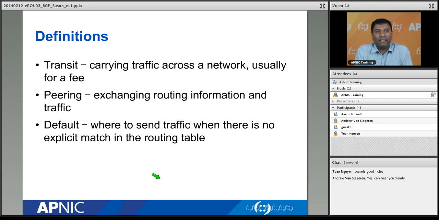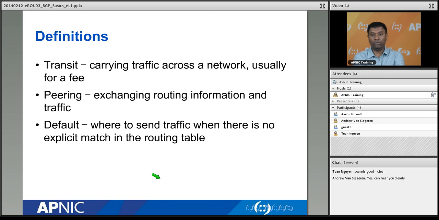If not, there are some definitions that we have. In BGP, we have a terminology called transit. What is transit? In plain English, if any network along the path is helping to carry the traffic from one side of the network to the other side, the network in the middle is considered a transit.